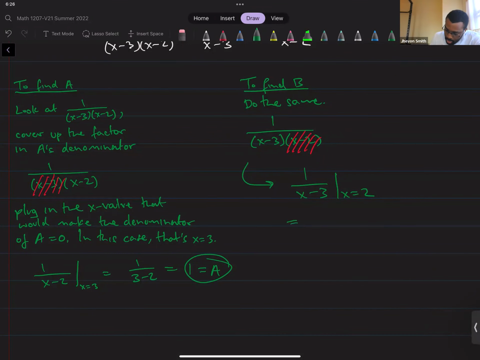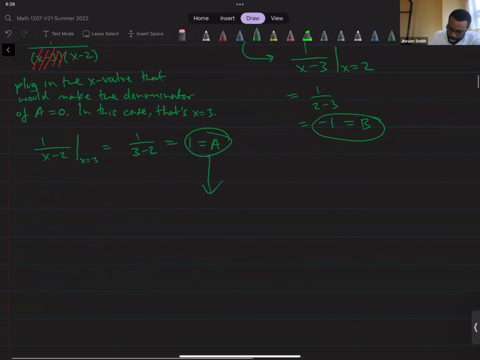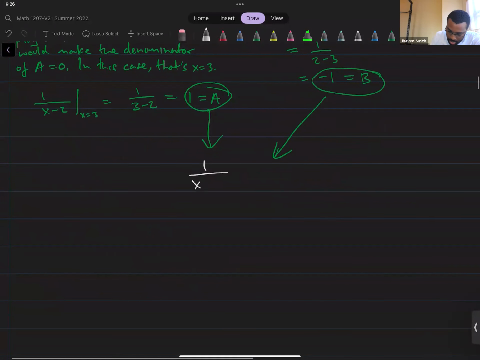And so you're going to get 2 minus 3. You'll notice that you get minus 1 as the answer, and that is equal to B. So you plug in: A is 1 and B is minus 1.